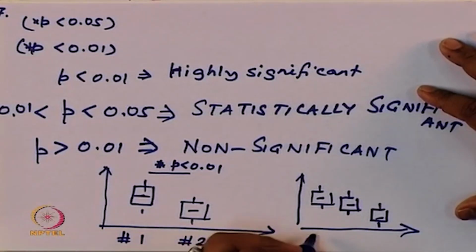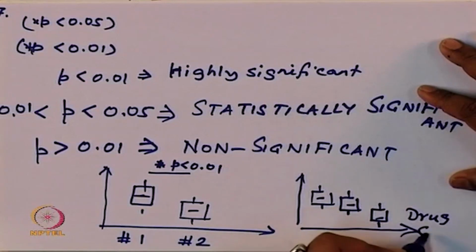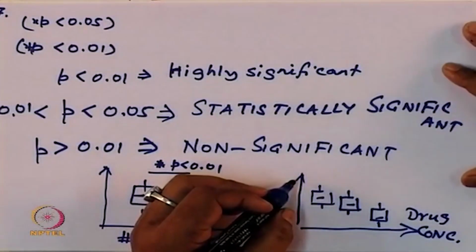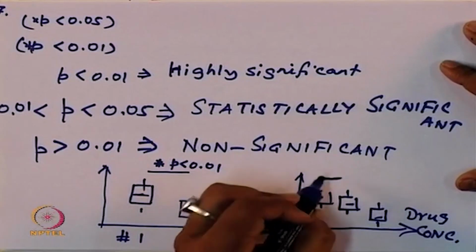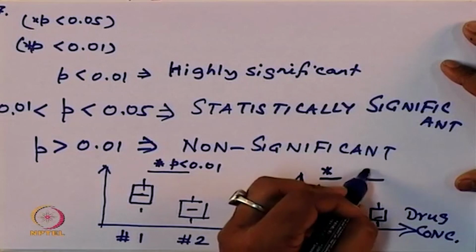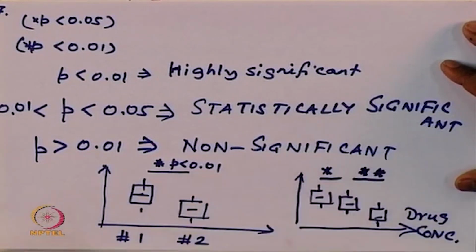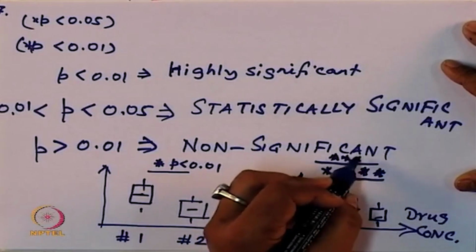Alternatively, if you have 3 conditions, imagine these are 3 different drug concentrations, and you have measured some output. Between these, in many papers you might see this written as star, this as star star, and this as star star star.